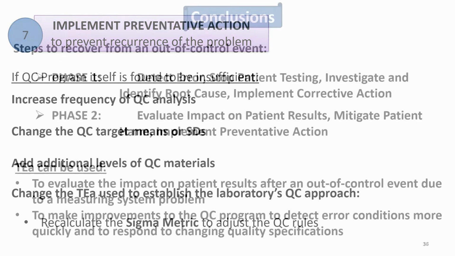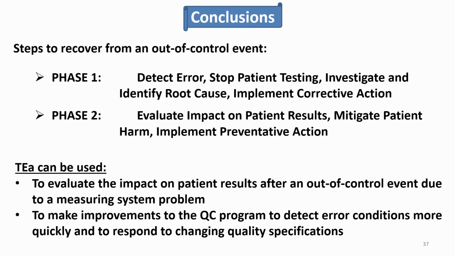So in conclusion, we've discussed the steps to recover from an out-of-control event. This is a systematic process. Phase 1: detect the error, immediately stop patient testing, investigate and identify the root cause of the problem, implement corrective action. That's not the end of the process. You then move to phase 2, where you're evaluating the impact of the problem on patient results using allowable total error, mitigating patient harm by calling providers and issuing corrected reports, and finally, implementing preventative action to prevent the problem from reoccurring.